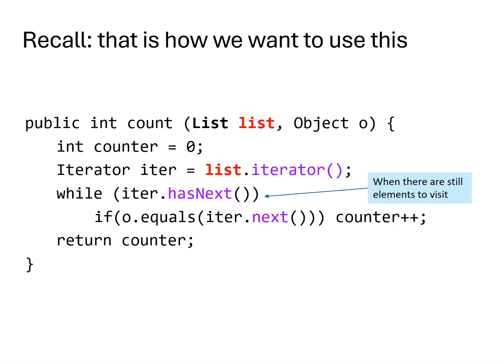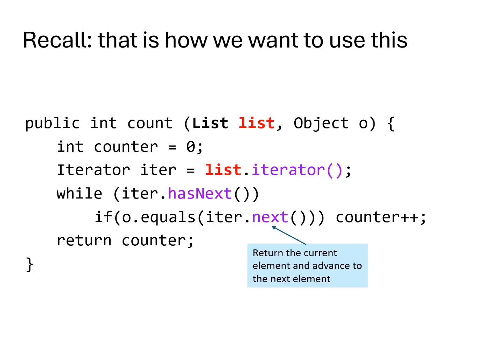Recall that we want to use this iterator in the following way. We want to loop over the underlying elements, and we want to ask if there are still elements to visit, return the current element and advance to the next element.